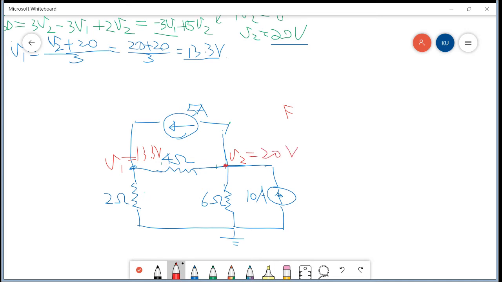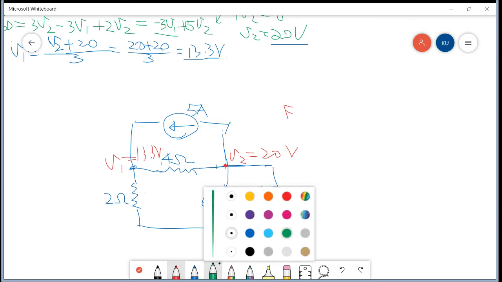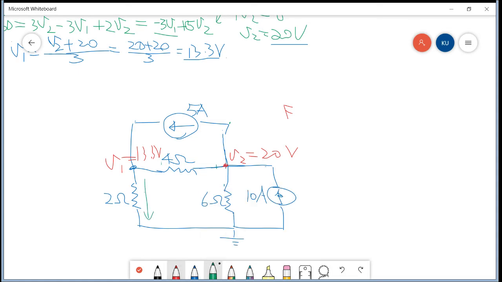Okay, so in this case, we should be able to know that for this current, it should be 13.3 minus 0 over 2. So it will be 6.7. And this current is of course 5A.